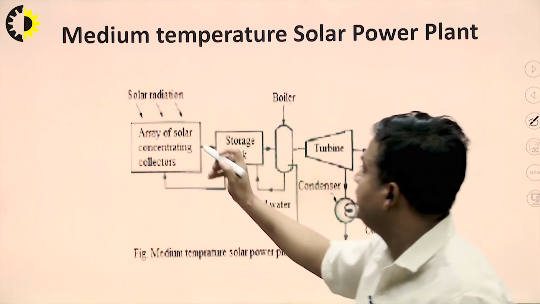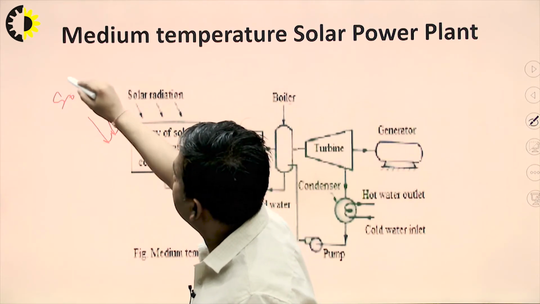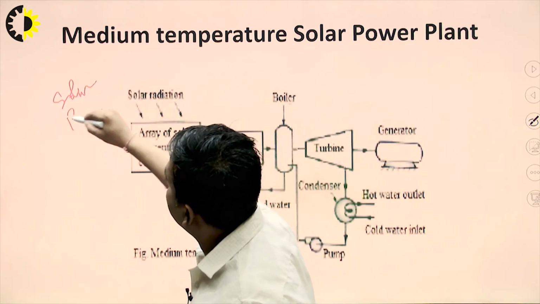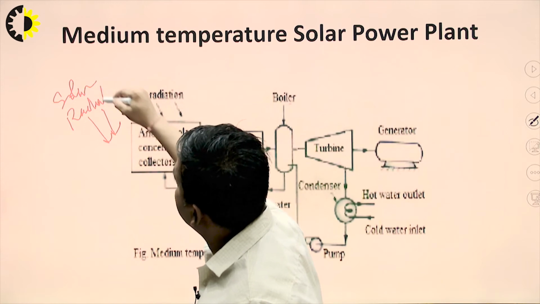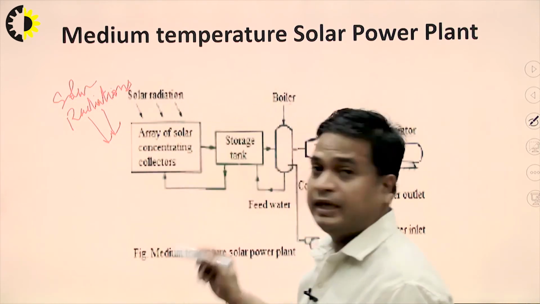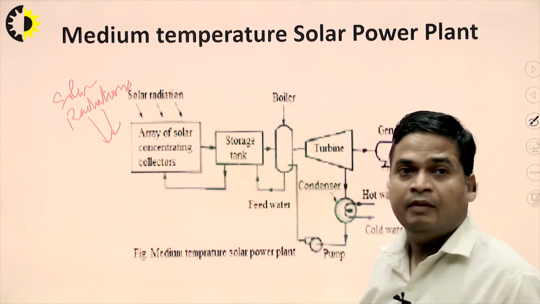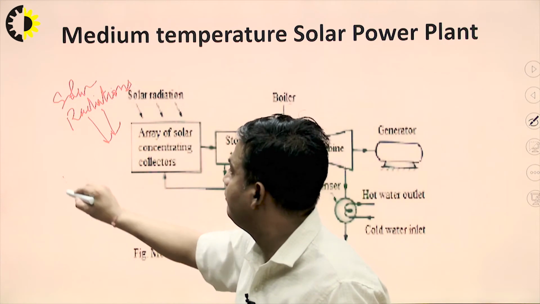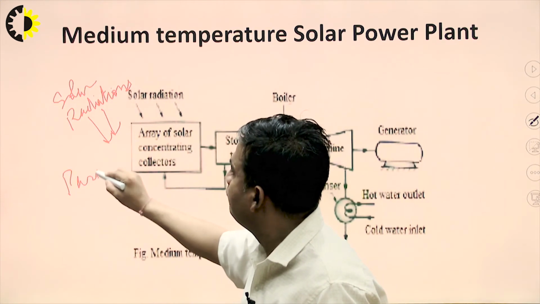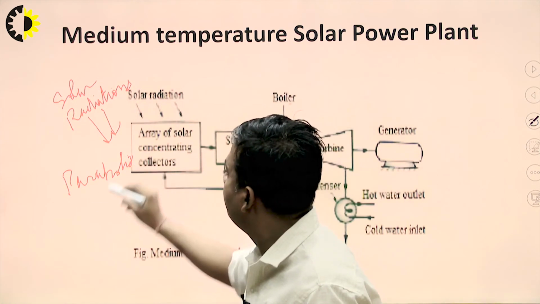Again, solar radiations are coming, and the parabolic solar concentrators concentrate them.